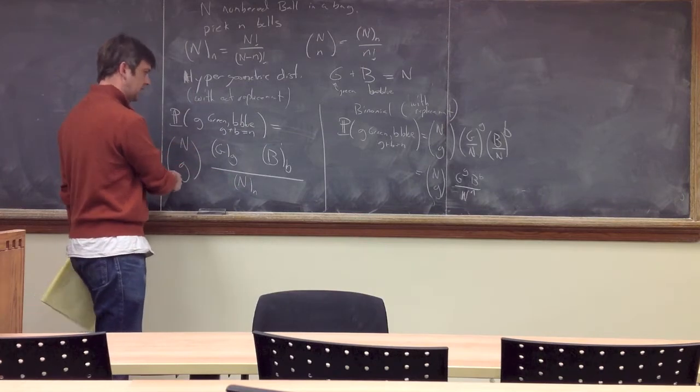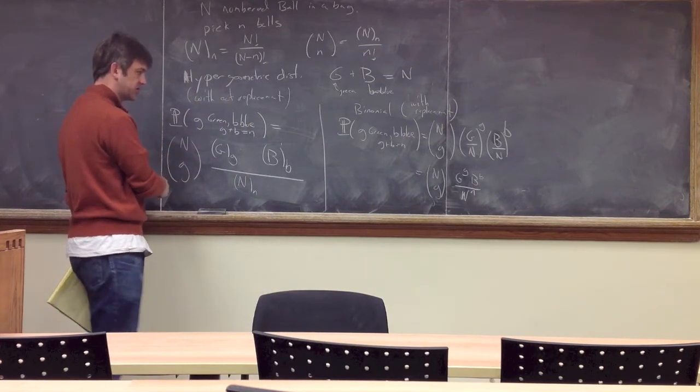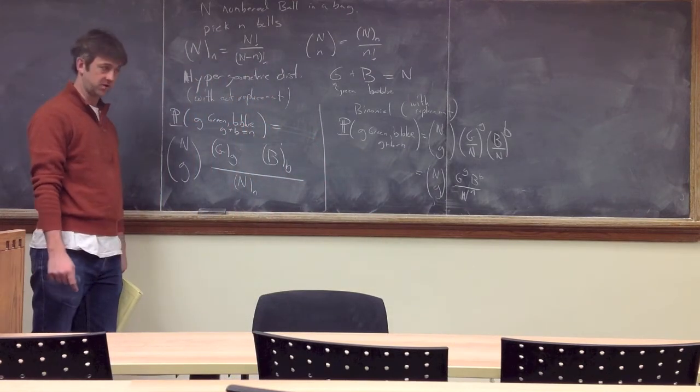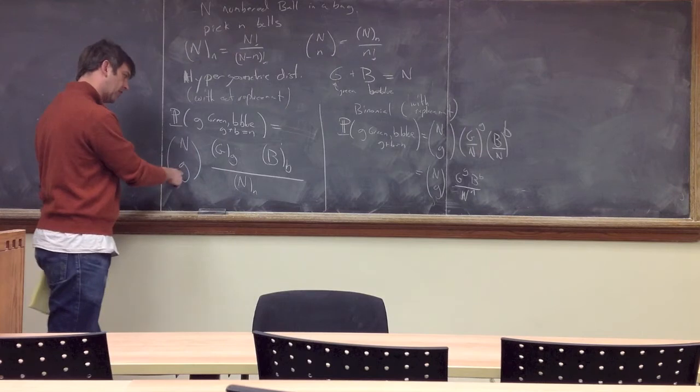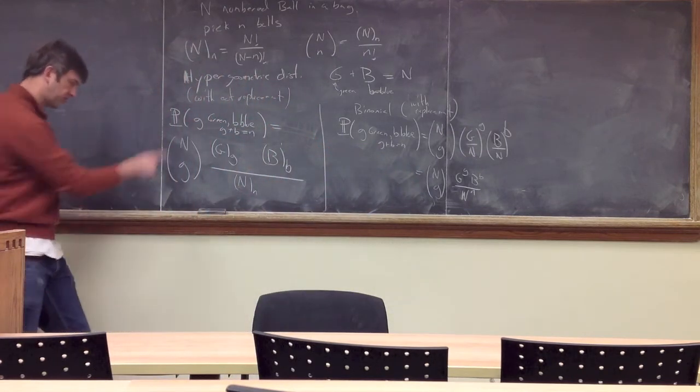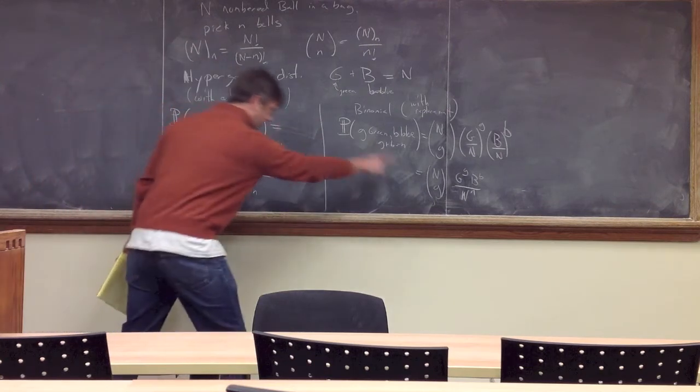And you notice the way we've written it, we've chosen this notation to make it look very much like the binomial probability, which has replacement. So this is without replacement, the hypergeometric, and this is with replacement, the binomial.